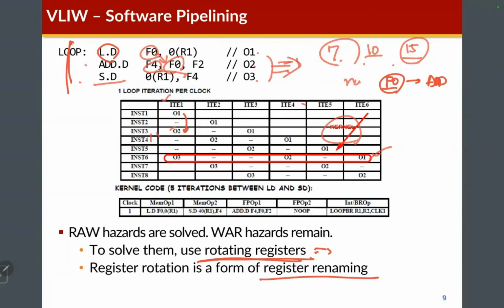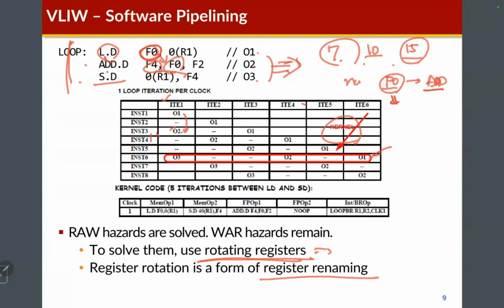After this O2, we don't need to keep this register, right? Do you understand? The register F0 is produced by the load instruction, and this register is consumed by the add instruction.